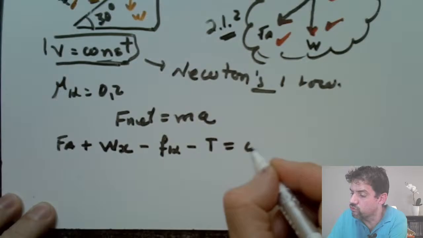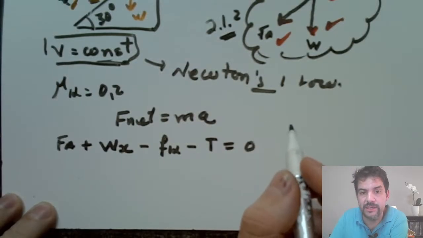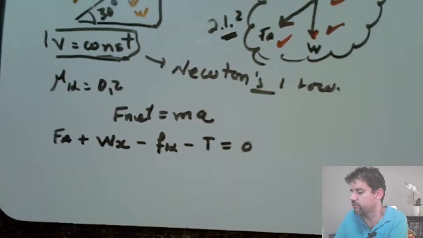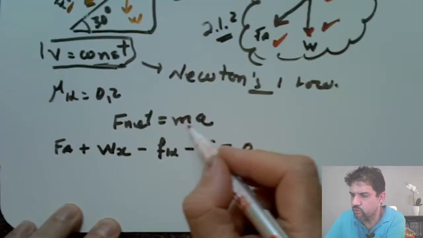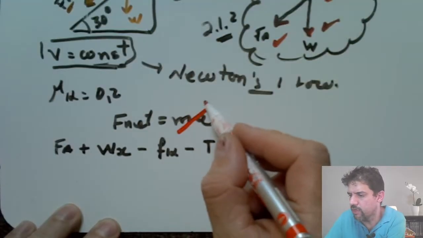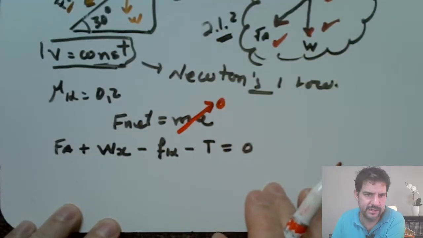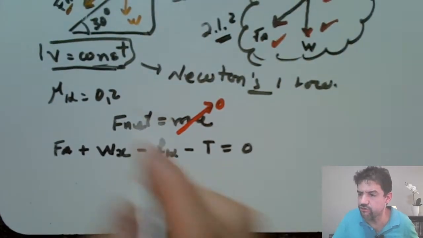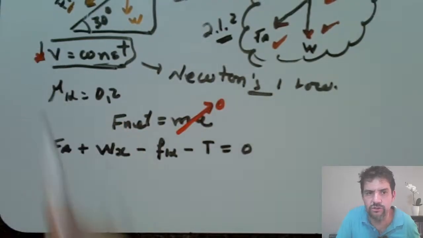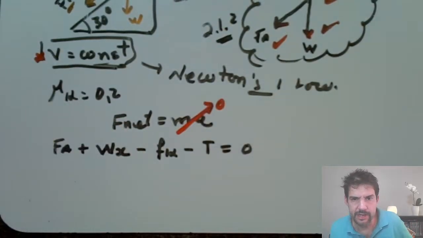This one is equal to 0 because the object is moving with constant velocity. You can always ask your teacher how they prefer. I prefer to write 0 right away here, but you can do that and then say this is 0. It's entirely up to you because the object does not have acceleration as it is moving with constant velocity. Now the rest is to substitute what we have.